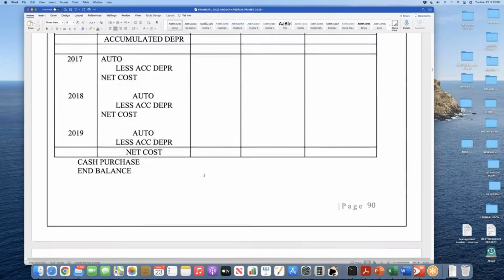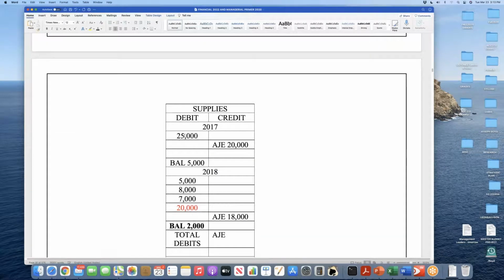What we're going to do is go to the T account. How much is in there at this point in time? What's the ending balance? And this difference is always going to be the AJE. Okay?